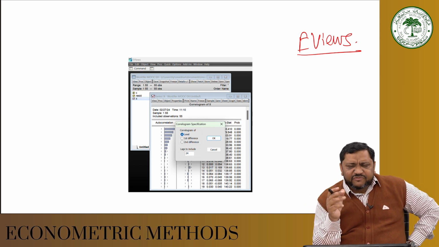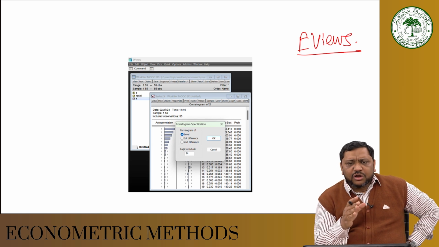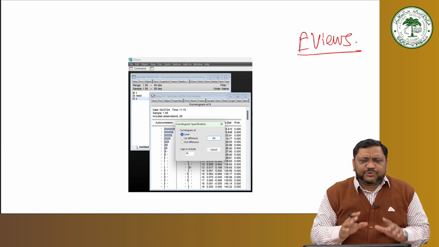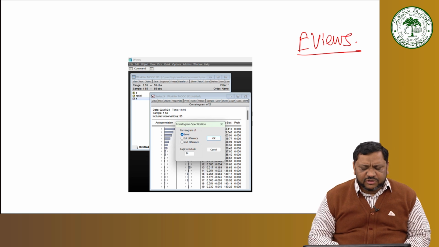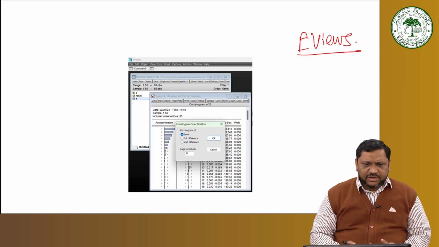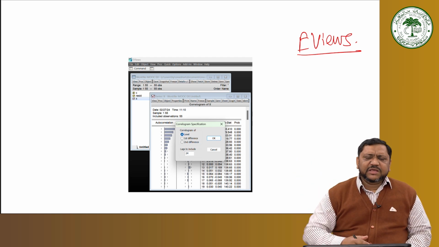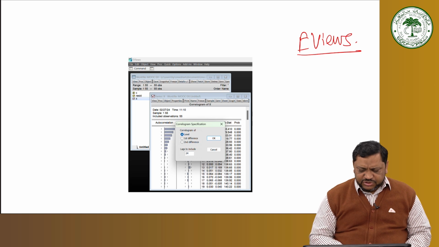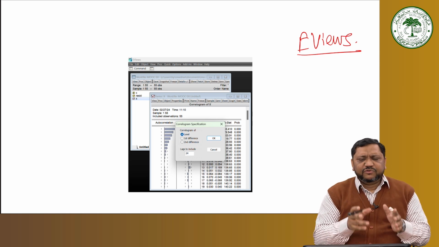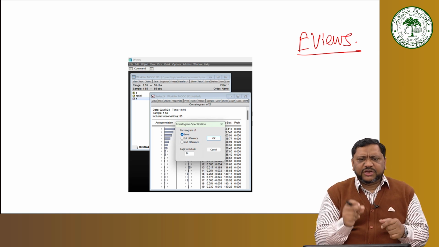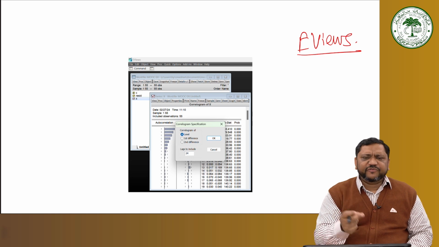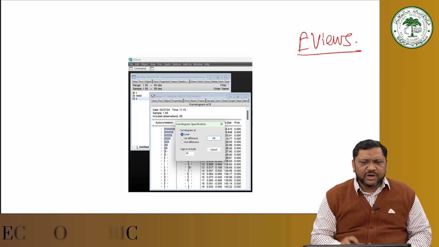Now this is the student version of eViews. Although it doesn't contain all the options present in the complete version of the software, it will be more than sufficient for all of you. An email will come from the eViews company, and they will give you the software along with an installation key.